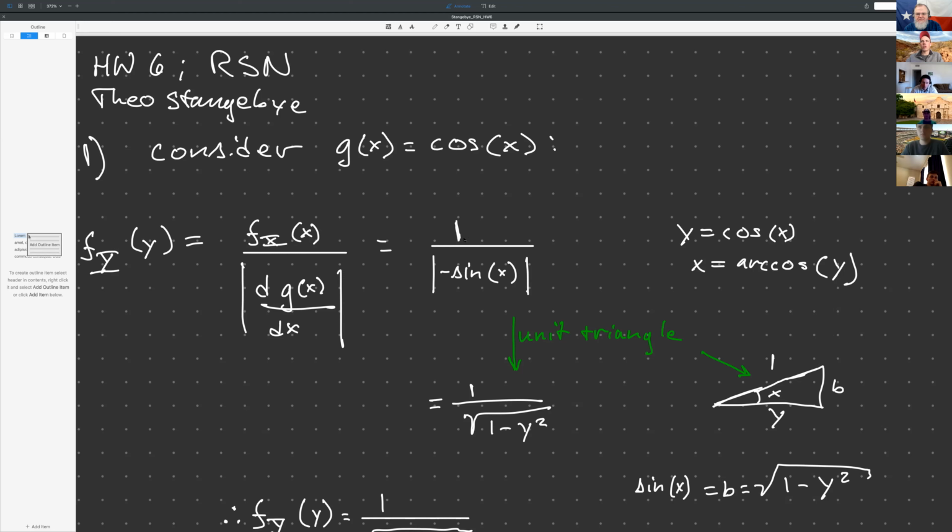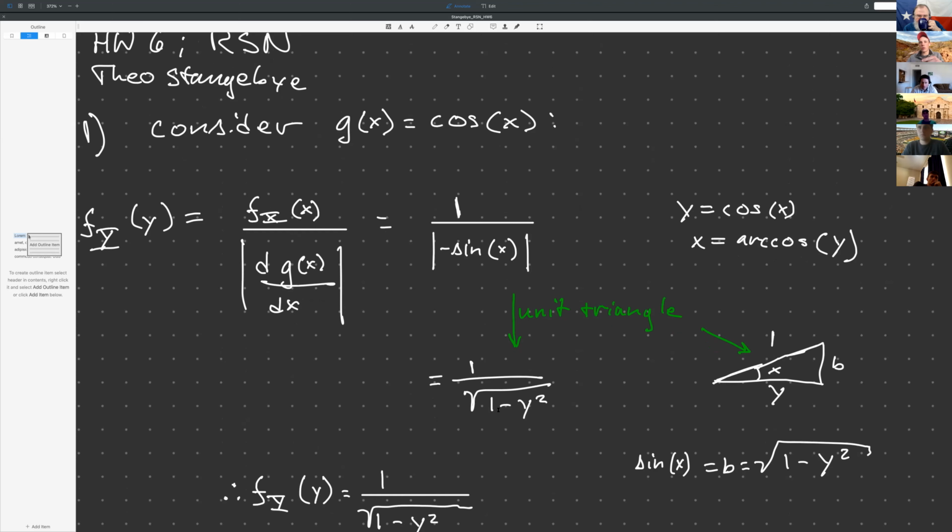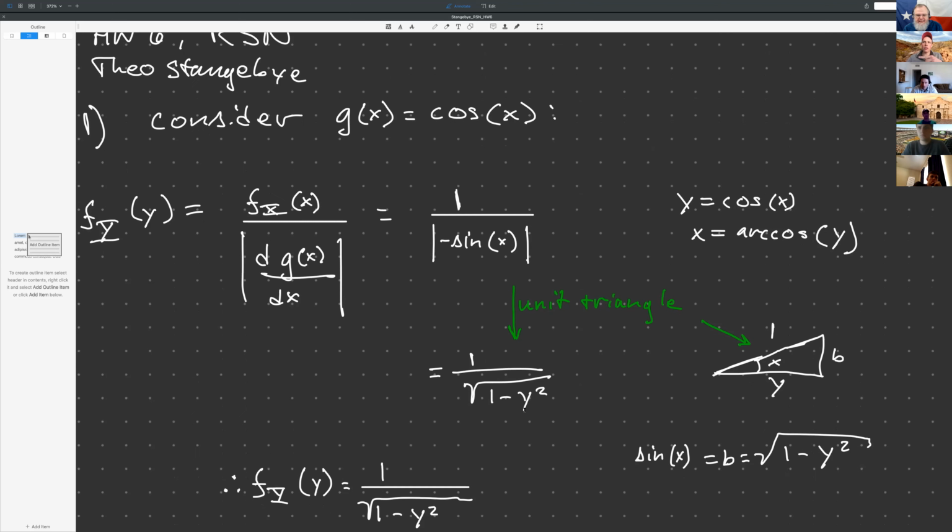The uniform distribution is 1, and the derivative of cosine x is minus sine x. Then I used a unit triangle where x is an angle to figure out what would be returned in terms of y. So I got 1 over the square root of 1 minus y squared.